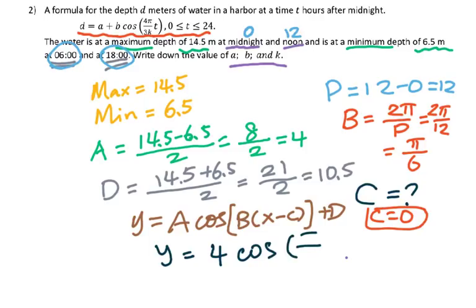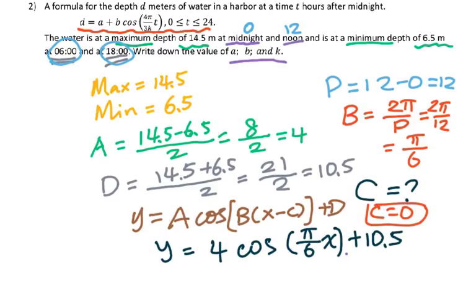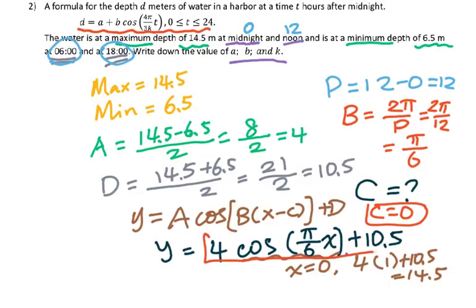B is pi over 6 x, then plus 10.5. You can check your answer. When x equals 0, we plug in, this will be 1. So we got 4 times 1 plus 10.5. That equals 14.5. That means this is a correct answer.